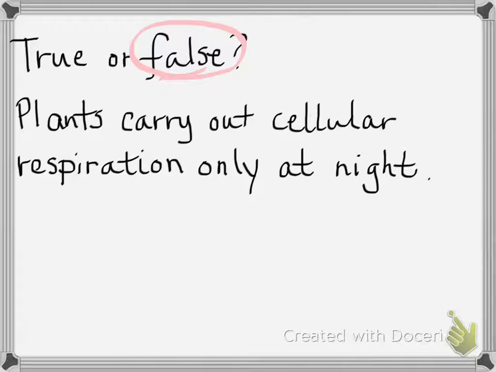All the time. 24/7, 365. Any cell is doing some kind of cellular respiration all the time. Either aerobically or anaerobically, cells respire all the time. If they quit respiring, they die. Okay, on number 5.